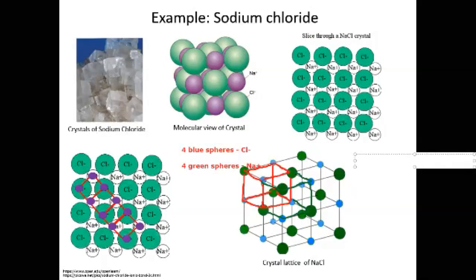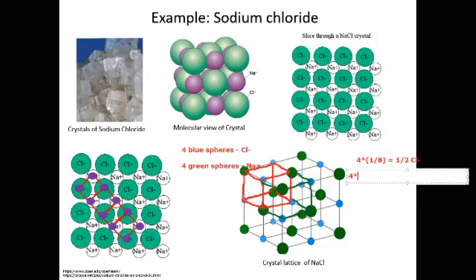And so since all the blue spheres are on corners, if we take 4 times 1/8, this is 1/2 a chloride ion. And then we do the same thing with sodium ions. Since each one is on a corner, we have 4 times 1/8 equals 1/2 sodium ion.